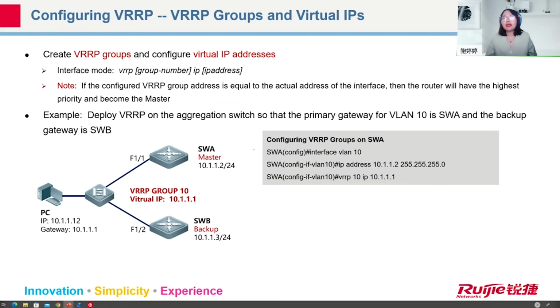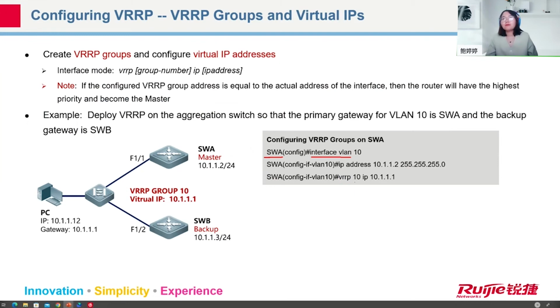In this scenario, on switch A, first we have to enter the interface. Pay attention, VRRP can only be used on a layer 3 interface. So if you use a VLAN, this is a VLAN layer 3 interface. This is the gateway of the VLAN 10 network terminals. And give the IP address 10.1.1.2 and this subnet mask.